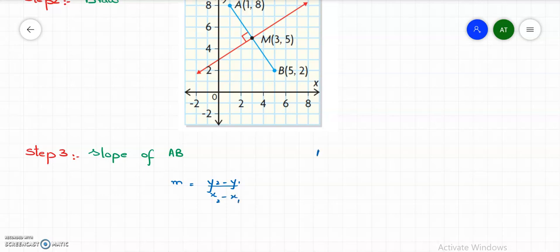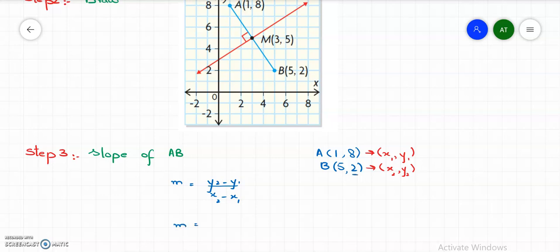So the point A we have is (1, 8), and the point B is (5, 2). So we can say A is my x1 and y1 and B is my x2 and y2. So let's put the values into the formula to get the slope. So the m value would be y2 minus y1.